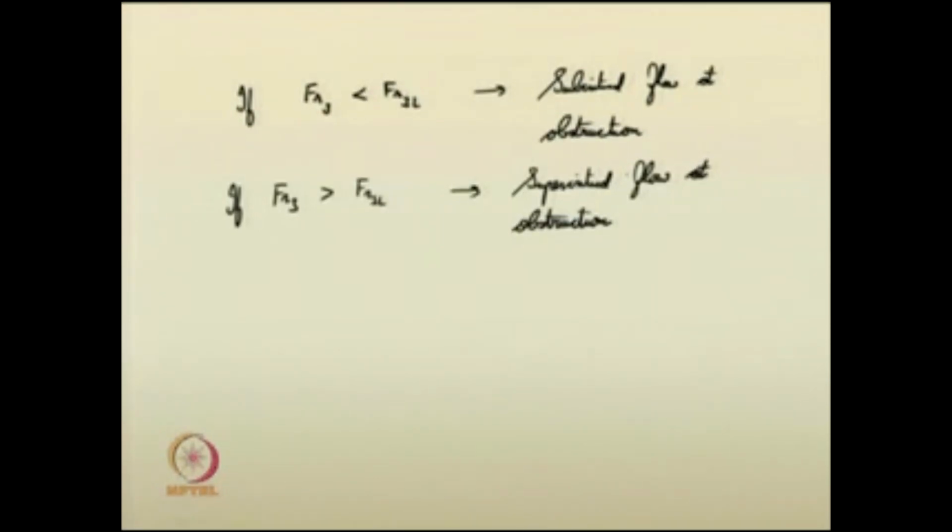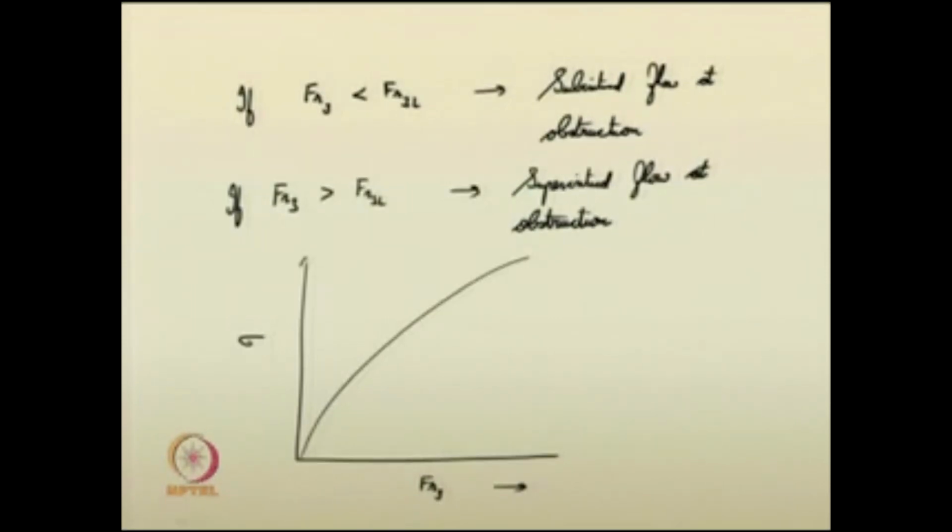Now, based on this one can easily draw the downstream Froude number versus the width ratio sigma, B2 by B3, right. It can be drawn for various cases, say like this, one particular graph is there, another graph like this.